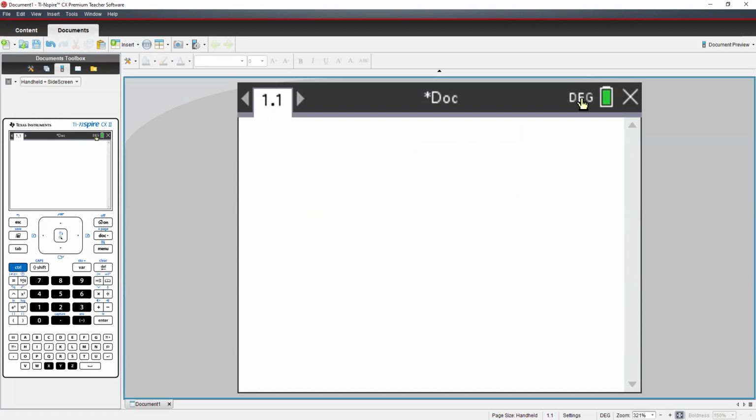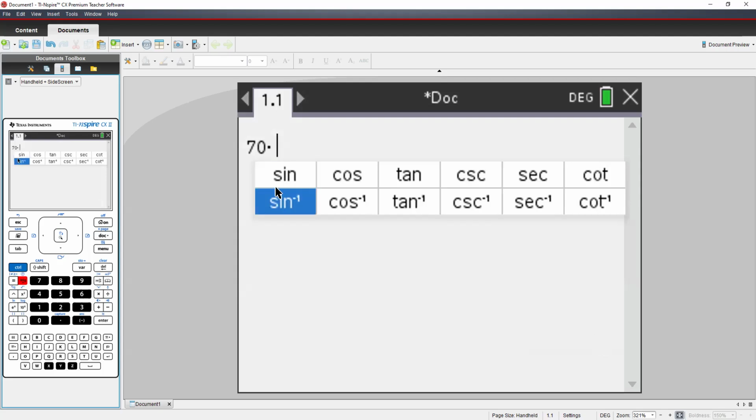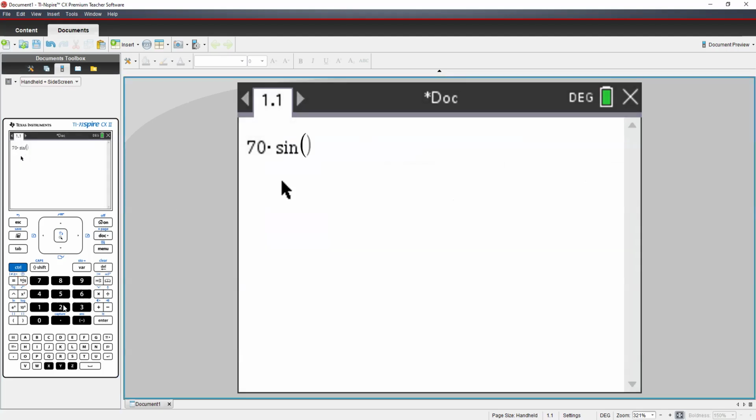Since I'm dealing with sine of 40 degrees, I need to make sure it is in degrees. All right. Once I have that, I can then type in what I have. So that's 70 times, right here next to the 7 is your trig buttons. So then you can select your sine and then you would plug in your 40 for 40 degrees.